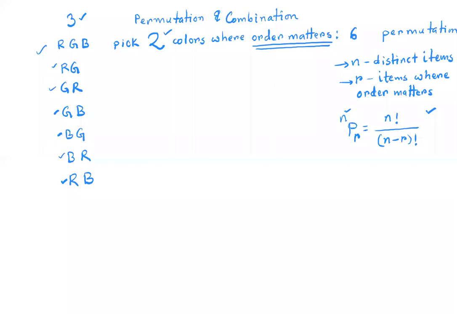So now think of this scenario. Here we have considered a situation where you're permuting r objects from n distinct objects where order matters. Permutation implicitly means order matters. Then this is the formula.